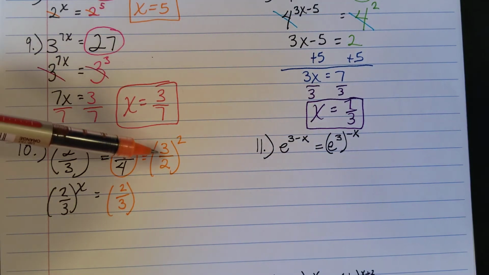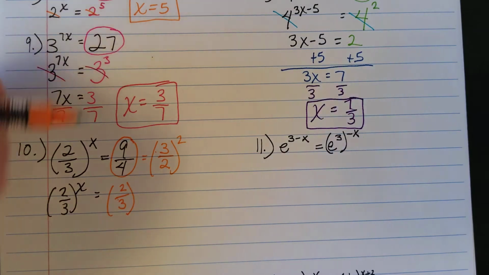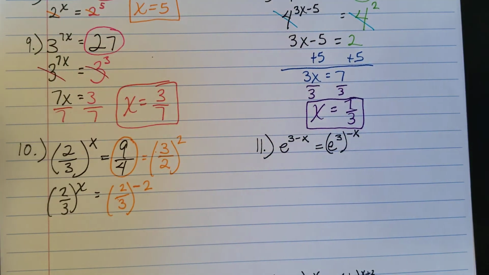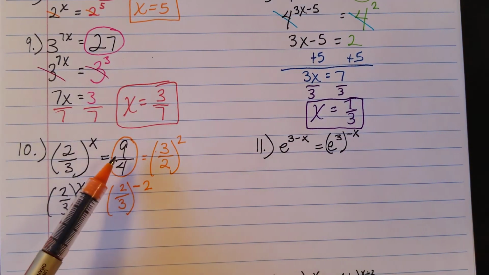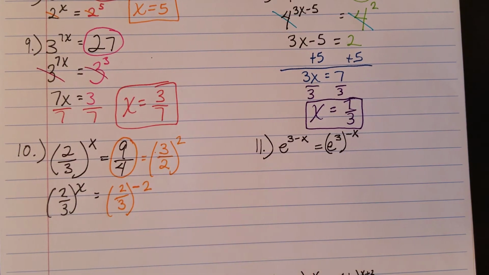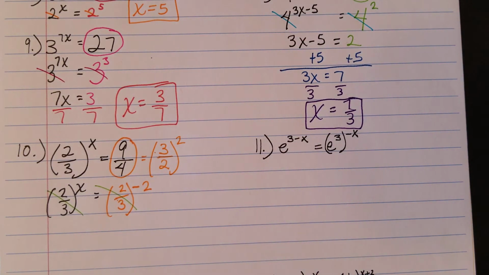And then I just need to flip that. So to flip it, you make the exponent negative. So it's an exponent of -2. So 9/4 is the same thing as 2/3 raised to the power of -2. So then you would just cancel out the 2/3, and then you would have x is equal to -2.